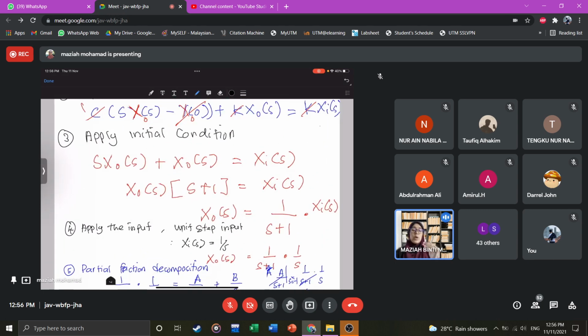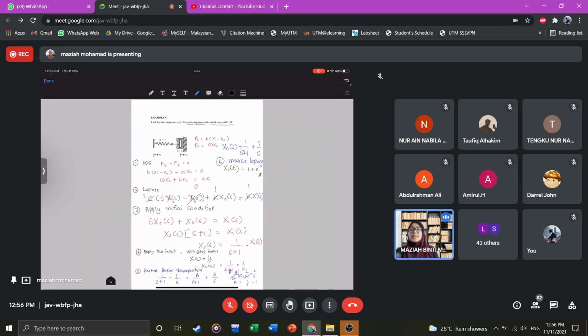When you apply the input, you need to apply your type of input. Maybe you want to apply a unit of 2 or a unit of 3, or an impulse input, so you need to change at step number 4. The rest is the same.